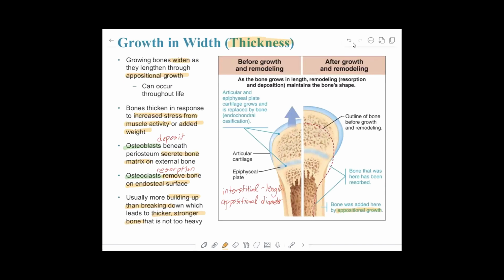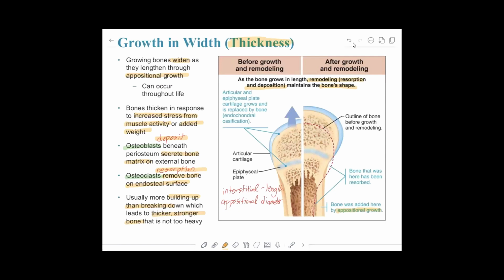So again, we see resorption and destruction versus osteoclast activity or osteoblast activity. So the osteoclast is again resorption, osteoblast is bone deposition. In the image to the right here, we can see that as the bone grows in length, remodeling, resorption, and deposition maintain the bone's shape.